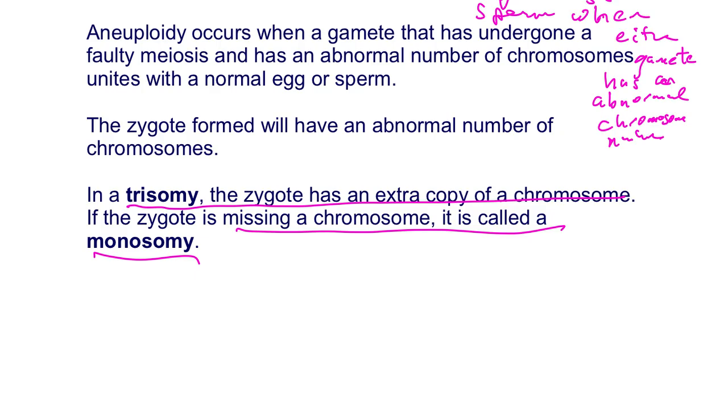One common type of aneuploidy is trisomy, where you have an extra copy of one chromosome. If the zygote is missing one chromosome, then that aneuploidy is called monosomy.